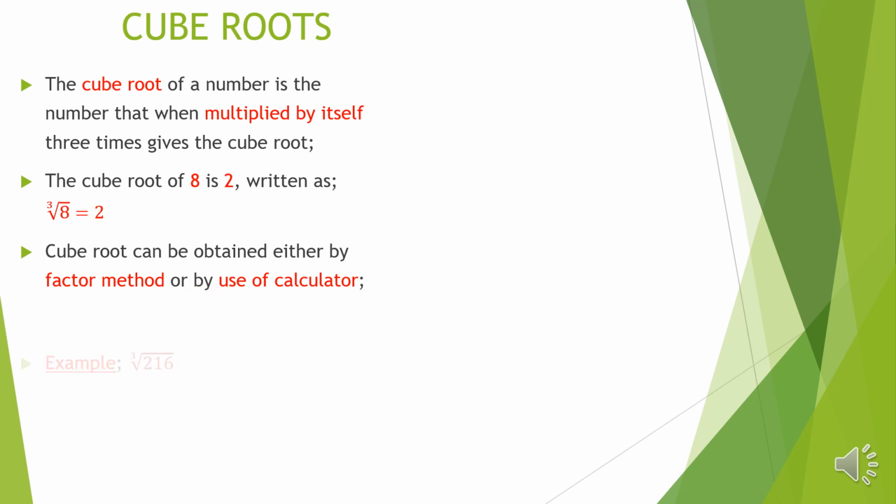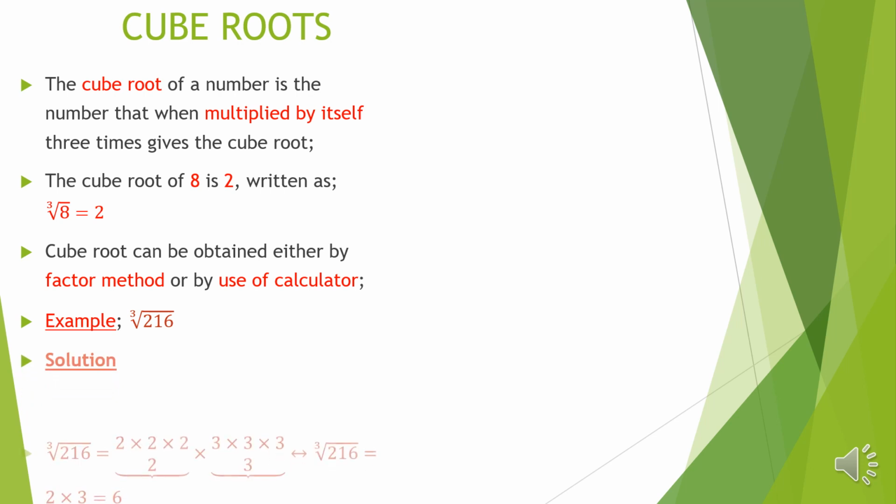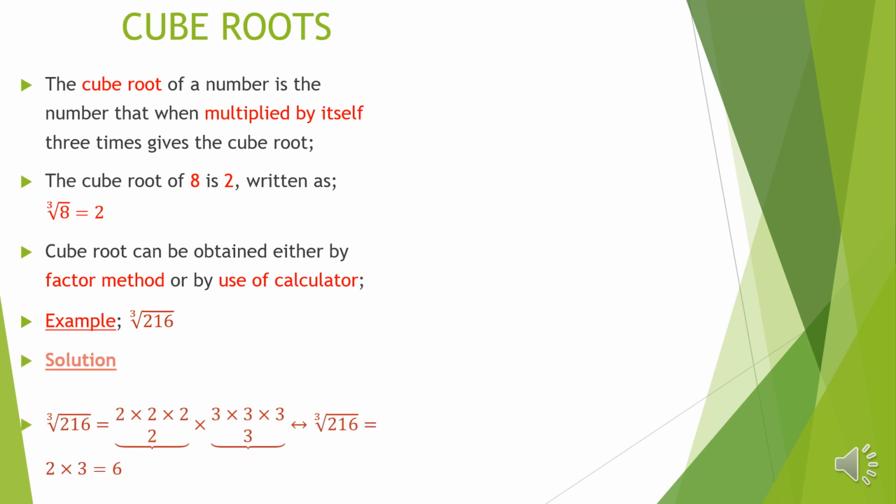For the factor method, consider this example: find the cube root of 216. We realize that 216 can be broken into 2 times 2 times 2 times 3 times 3 times 3 as factors.